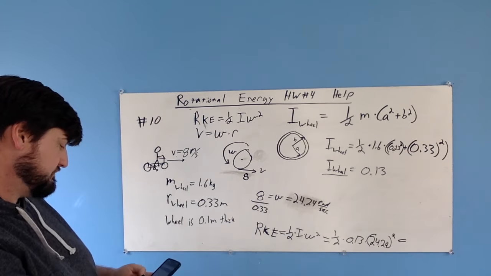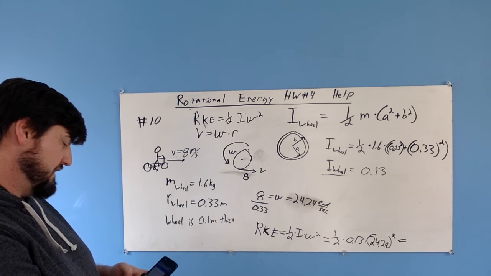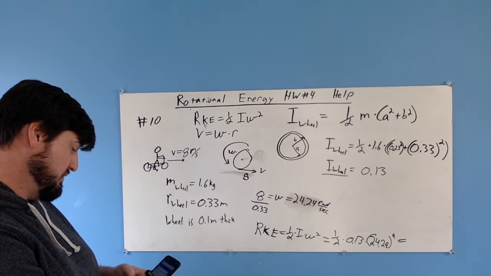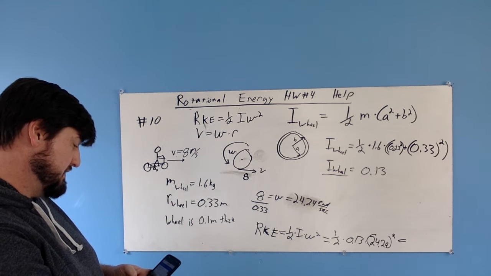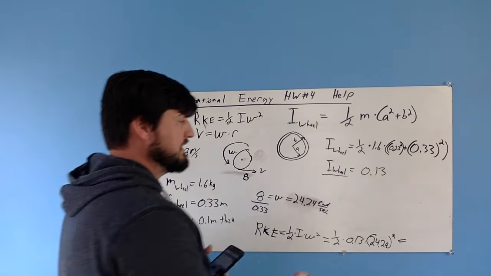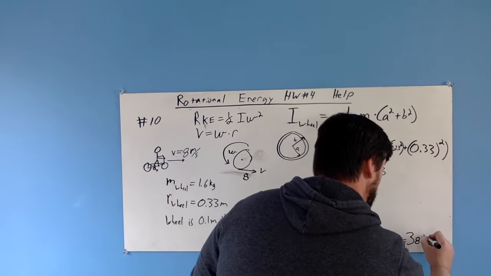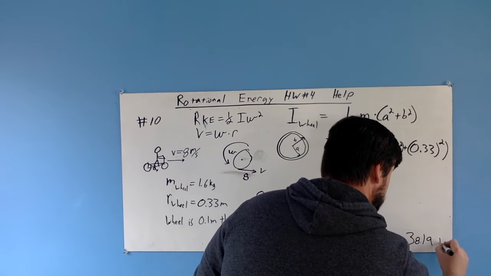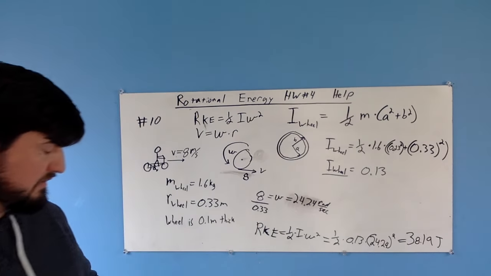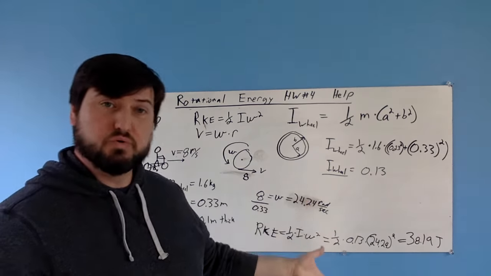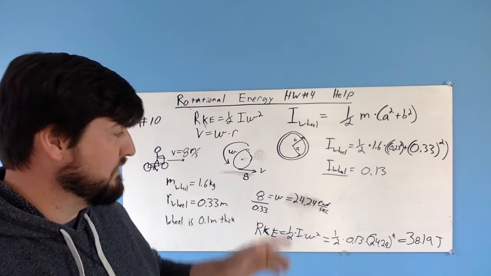So I will do 0.5 times 0.13 times 24.24 squared. And what I get is 38.19, with some other stuff added on top, but we'll just end it there. So 38.19 joules is our rotational kinetic energy for that front wheel.